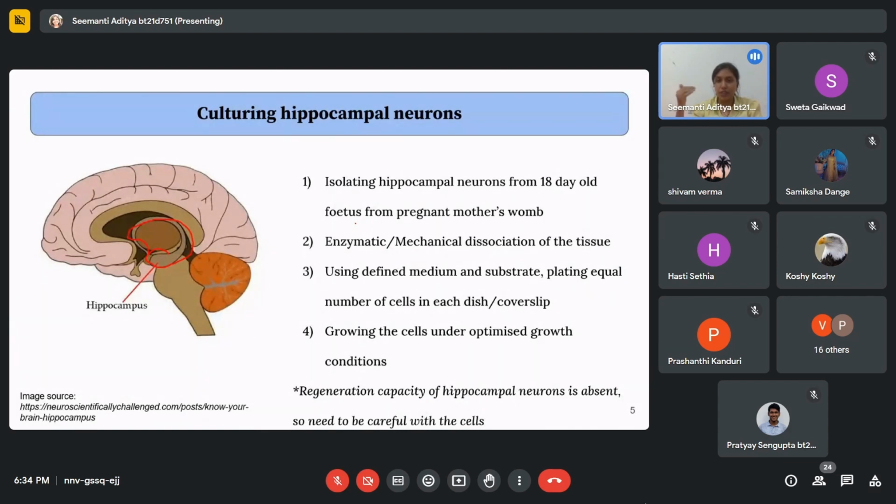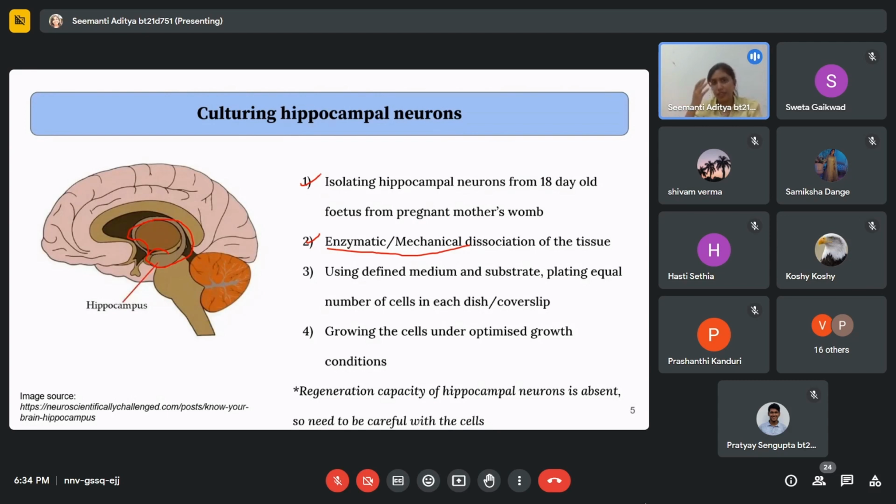Once we isolate it from the fetus, the organ needs to be dissociated enzymatically or mechanically, whatever works in the lab. Generally, for tissues which are softer, we can go for mechanical dissociation.